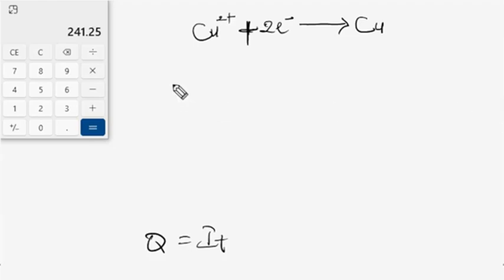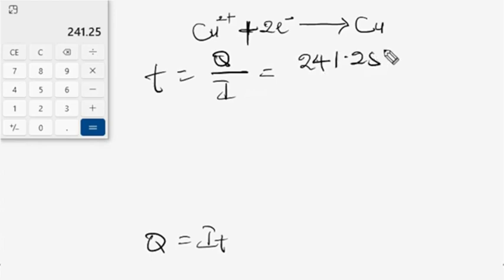We want to know the value for the t, that's how long it will take, that's the time. So we are going to make the t the subject of this expression. So t is going to be q over I. So we know that q is 241.25, and then I is the current, which is 0.5 amperes.